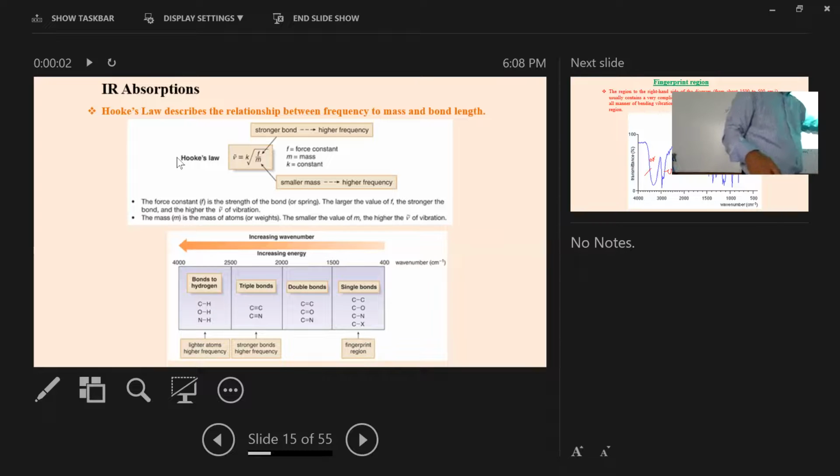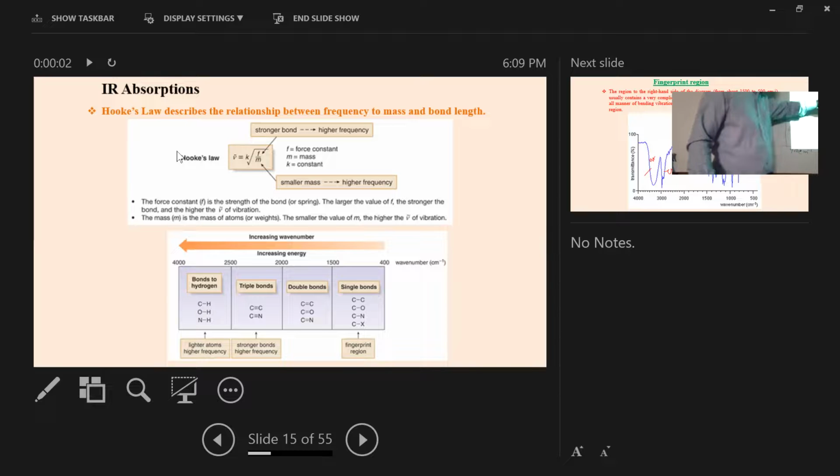They have a very high attraction force, due to their electronic configuration, or we can say a very high dipole moment. So they have a very high attraction force or force constant. Therefore, the absorption frequency for this OH should be high.